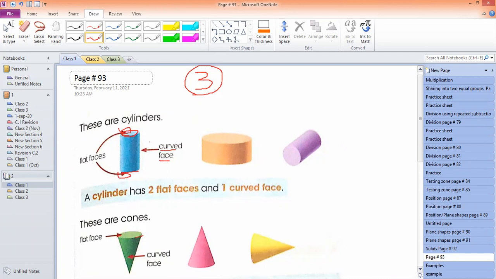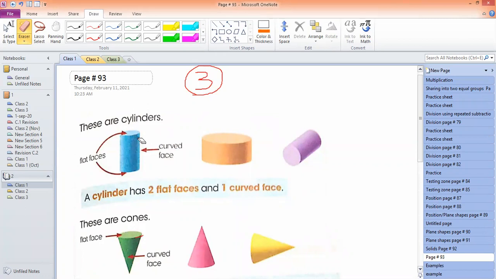So there are 2 edges. If I ask you, is there any vertex or corner in the cylinder? You will say, no, sir. There is no corner or vertex in the cylinder. You can see what is corner, what is vertex, where 2 or more edges meet.